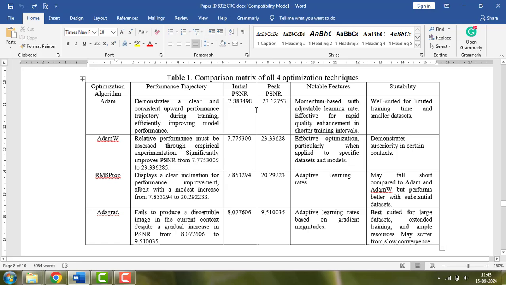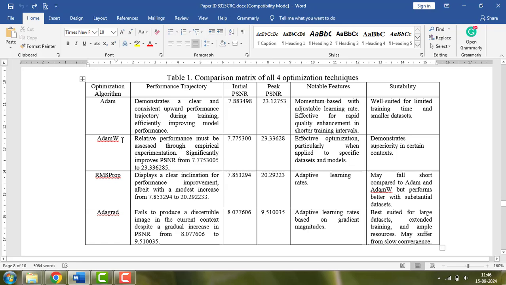The initial PSNR and the peak PSNR are about 7.8 and 23.12 respectively. The notable features are momentum based with adjustable learning rate, effective for rapid quality enhancement in shorter training intervals, which is well suited for limited training time and smaller data sets. So it has its own advantage.